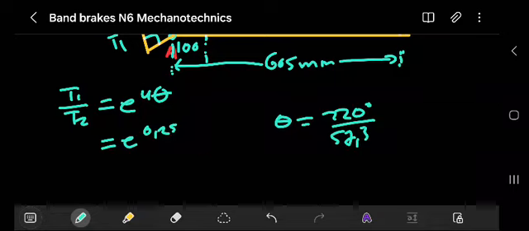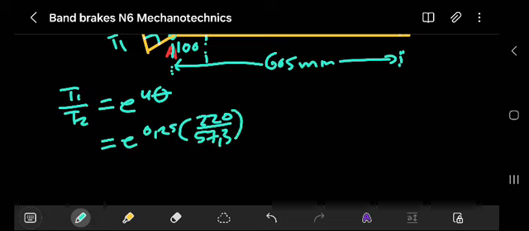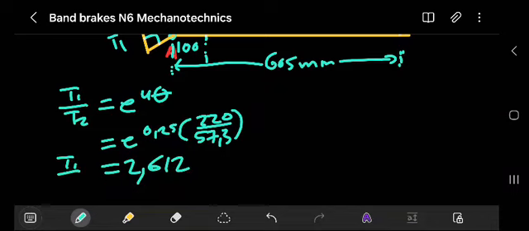You understand that? If you convert this, then what can we have? We will have 2.6112. Then this obviously is T1 over T2.